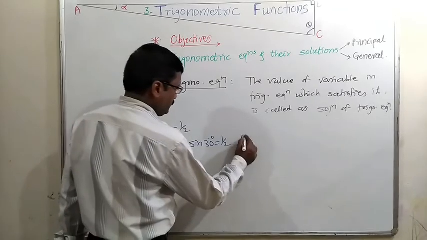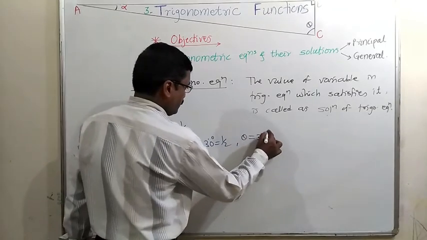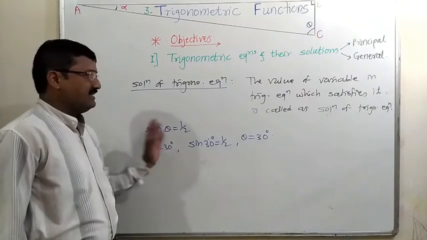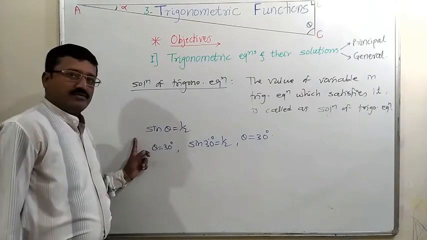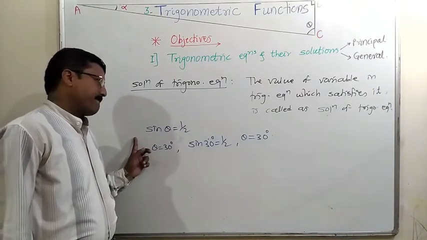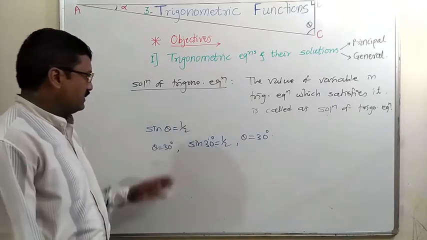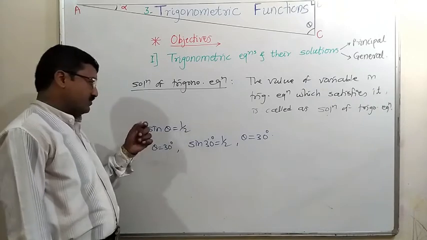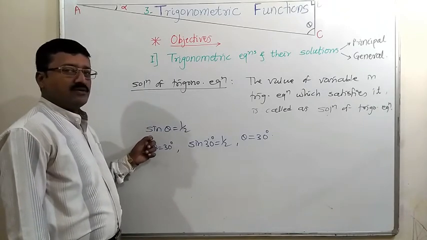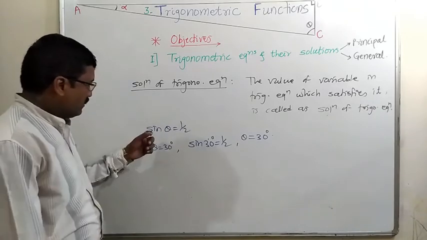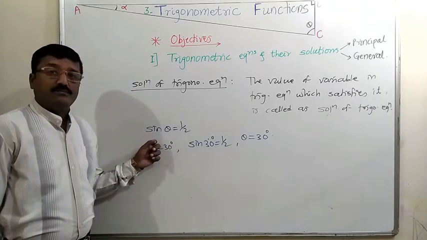By our previous knowledge or by observation, we can easily tell the solution of this trigonometric equation. But is it true that theta equal to 30 degree is the only solution? No, this equation does not have a unique solution, because all trigonometric functions are periodic functions.